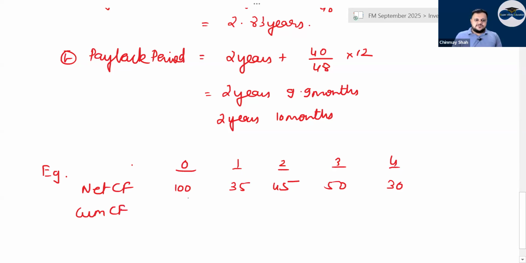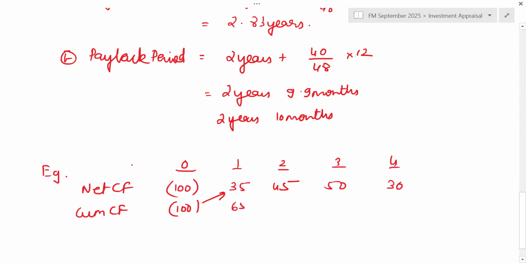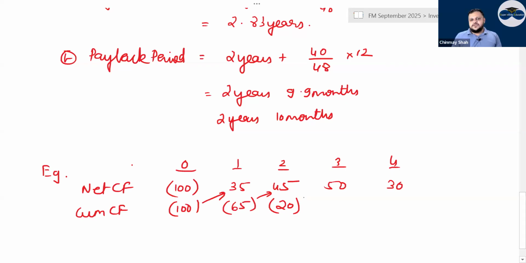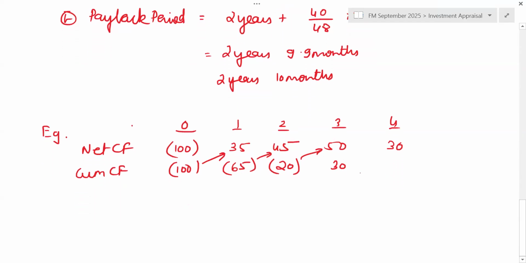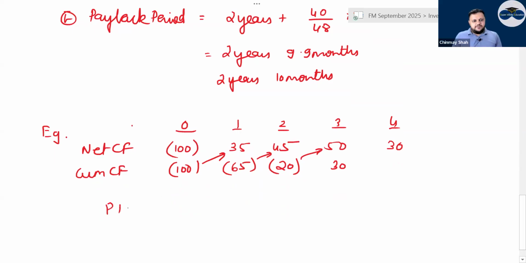This is -100, -100. 35 received, how much remaining? 65, 65. 45 received, 20. 20. 30. Correct? Positive 30. So where is my payback period, everybody? Tell me. Between 2 and 3. 2 and 3 years, correct? So my PBP is 2 years.